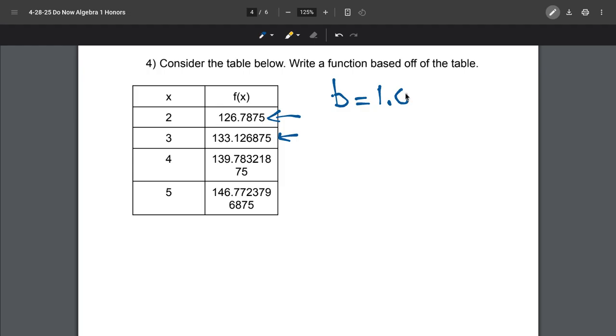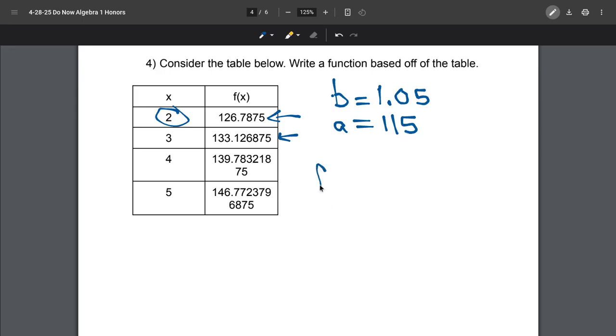But now for our initial amount, we notice that x equals 2. We want to figure out what the initial amount is when x equals 0. So what I would do is take the 126.7875, divide by 1.05. That'll give you when x equals 1. And then divide by 1.05 again, and that's going to give you when x equals 0. And if you divide by 1.05 twice, you get 115.